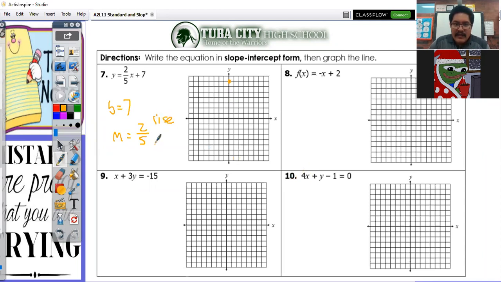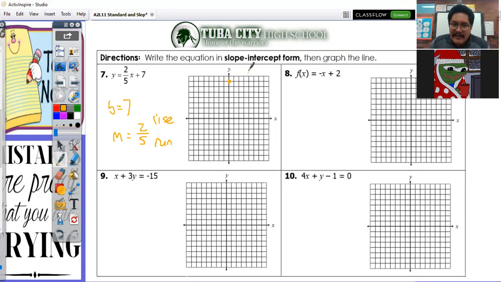Now be careful, because rise can also mean it goes down. I know when people think of the word rise, they think it means go up. But that's not really true in this case, because rise can be negative, which means going down. But in this case, it's positive, so it's going to be going up 2 over 5, which is somewhere over here.